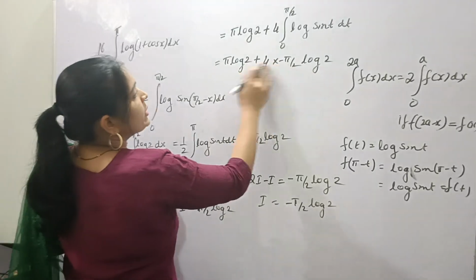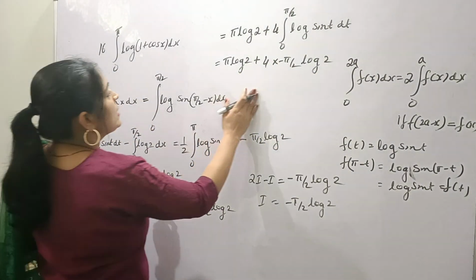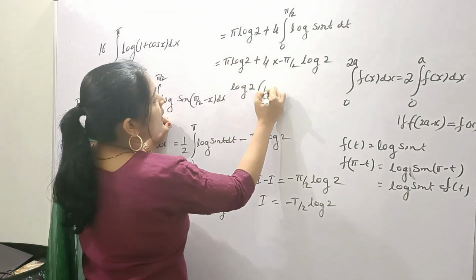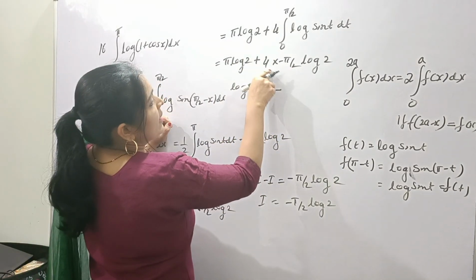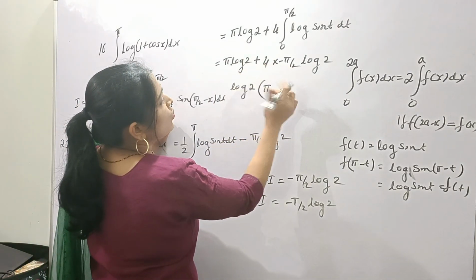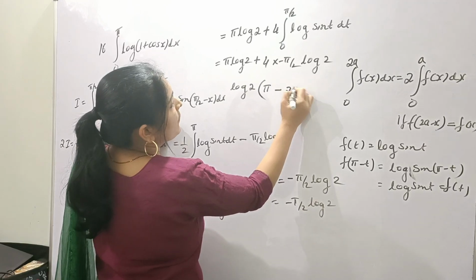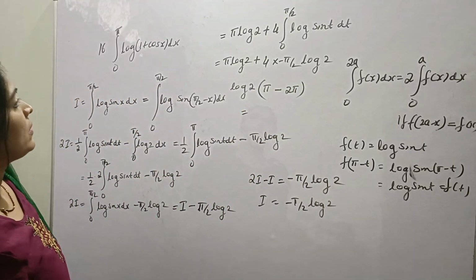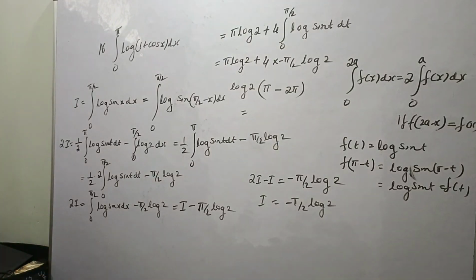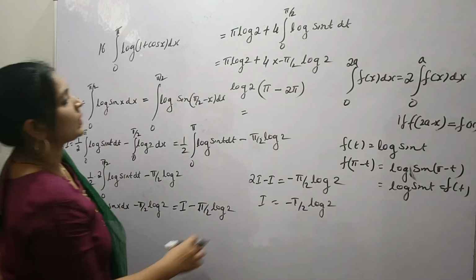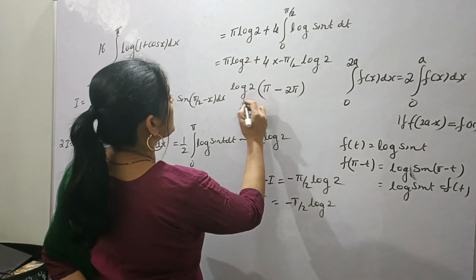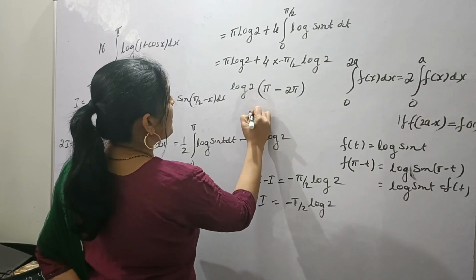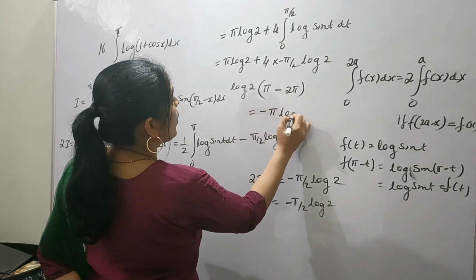Both terms have log 2 common, so let's take it out. Log 2 into pi minus 4 by 2, which is 2, so pi minus 2 pi, that is equal to log 2 into minus pi, that is minus pi log 2.